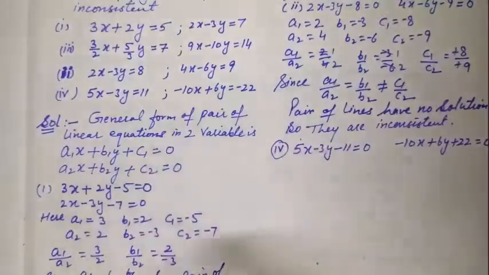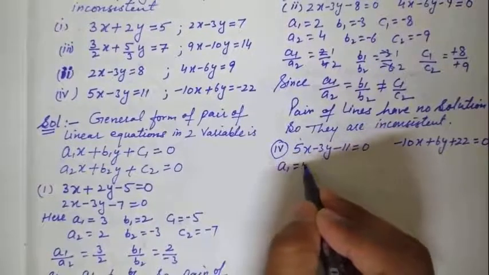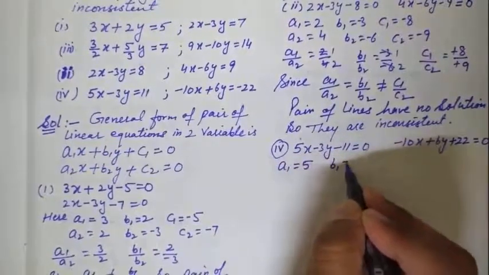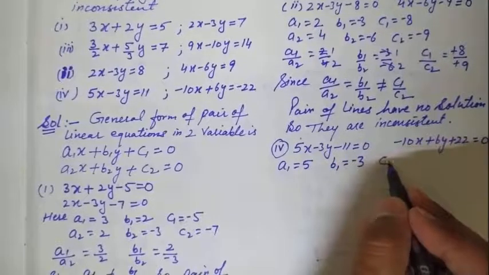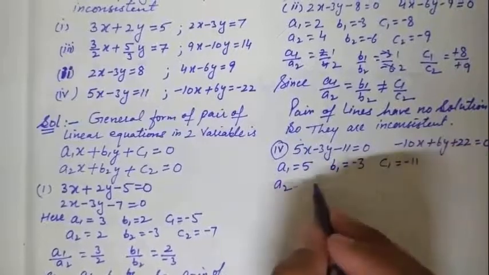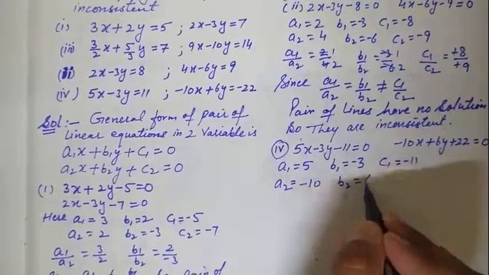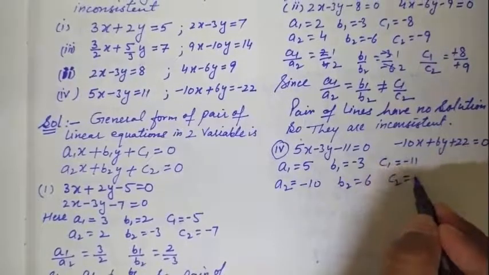Now let's do the fourth part. Here a1 is 5, b1 is minus 3, c1 is minus 11, and a2 is minus 10, b2 is 6 and c2 is 22.